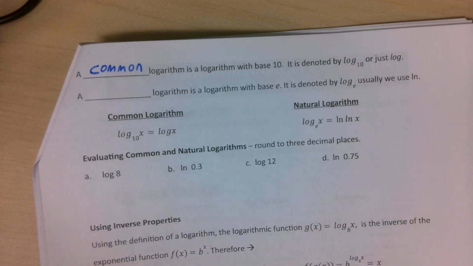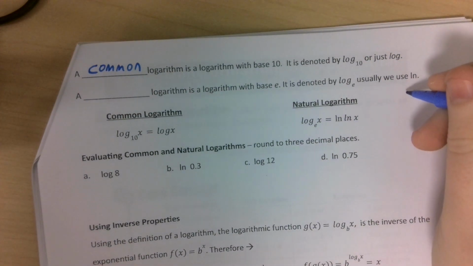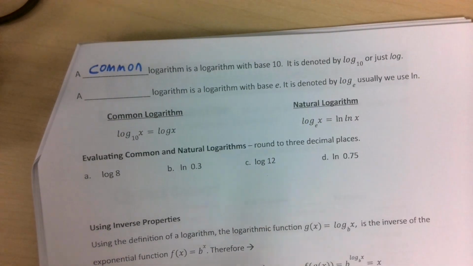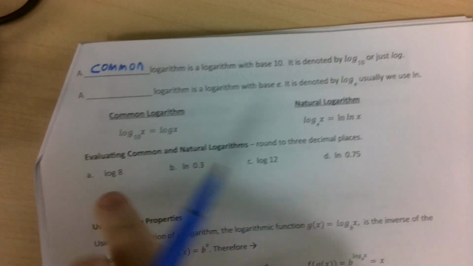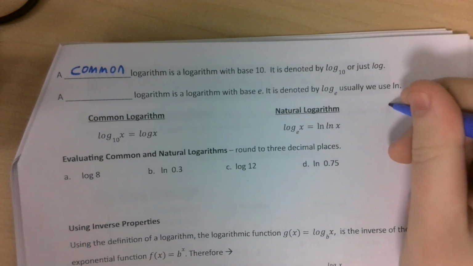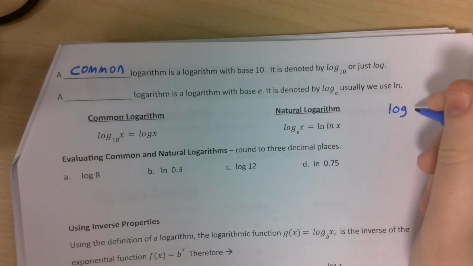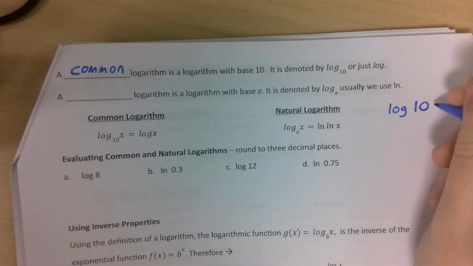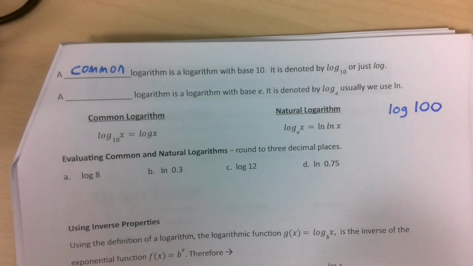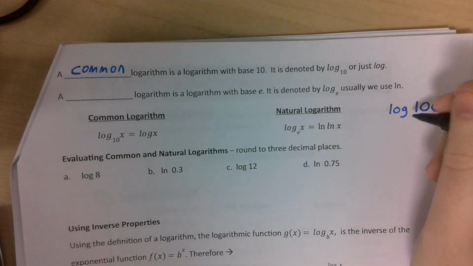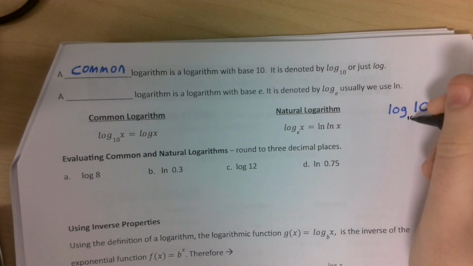So let me give you an example. If I wanted you to evaluate, let's do something a little easier than the examples right here. Let's say log of 100. Remember, when you don't see a base underneath the log, treat it like it's base 10.